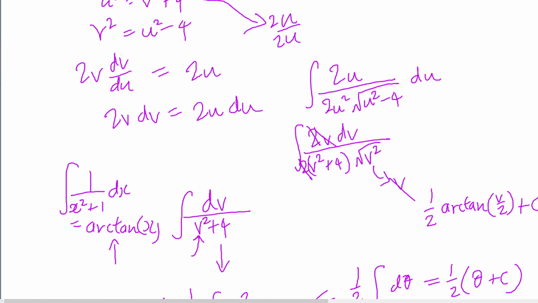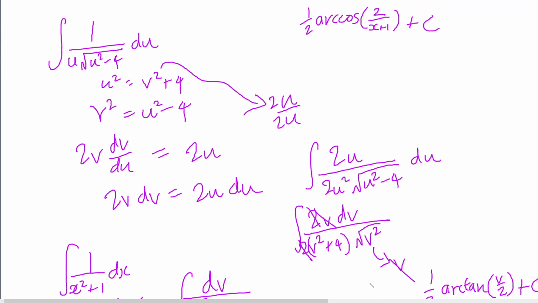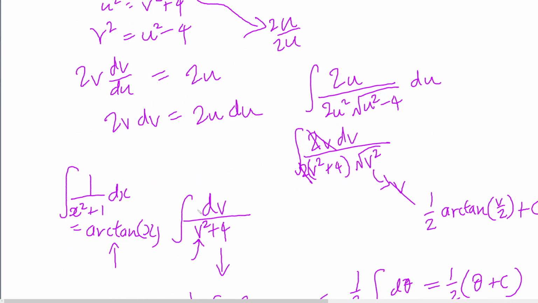So hopefully that's coming up properly on the screen. Oh no, it isn't. But anyways, if we were to write this out again, the integral, I, is 1 over 2 arctan v over 2 plus c.